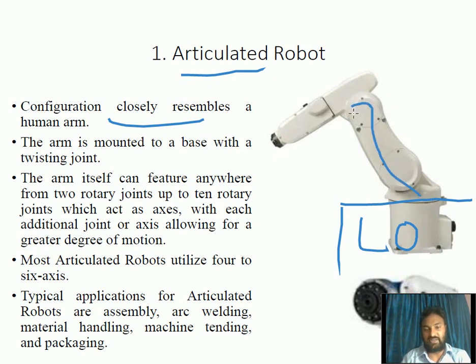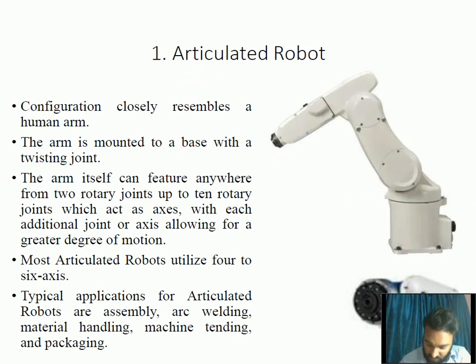So it is like an arm, that is why it is called articulated. It means it will have 2 or more sections connected by a flexible joint. Articulated means having 2 or more links joined by flexible joints.